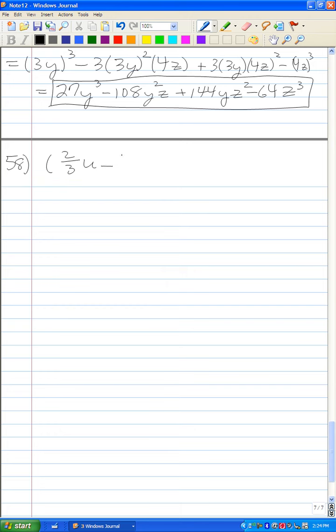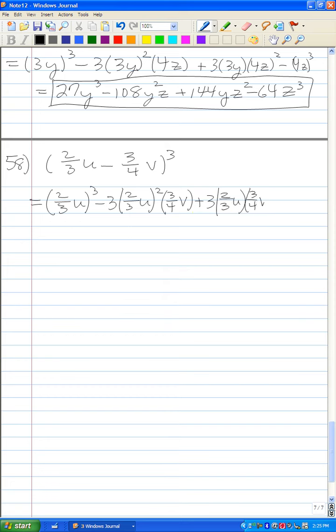2/3 u minus 3/4 v quantity cubed. So again, let's just write out the formula for the cube. So it's the first, 2/3 u cubed, minus 3 first, 2/3 u squared, last, 3/4 v, plus 3 first, 2/3 u, 3/4 v squared, minus the last, 3/4 v cubed.